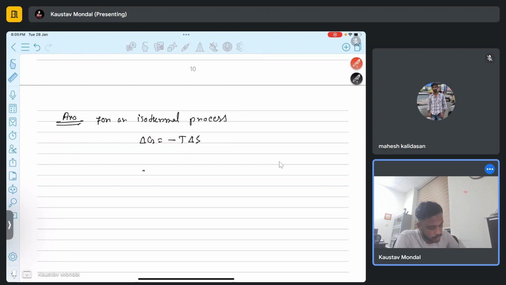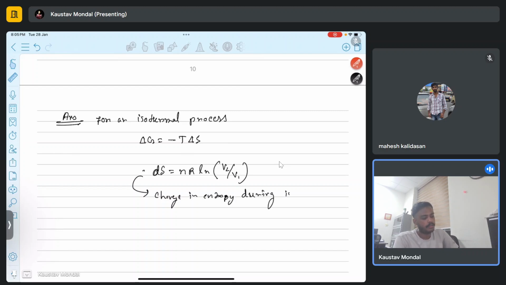So delta S will be nR ln V2 by V1. This is the change in entropy during an isothermal process.